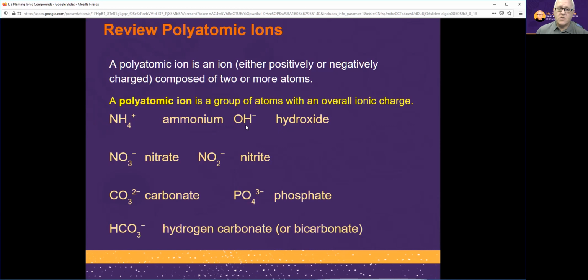Hydroxide is OH, and it's a -1. Nitrate, NO3, has a -1 charge. Nitrite, NO2, has a -1 charge. And you can use your polyatomic ion sheet to help you identify each of those polyatomic ions.